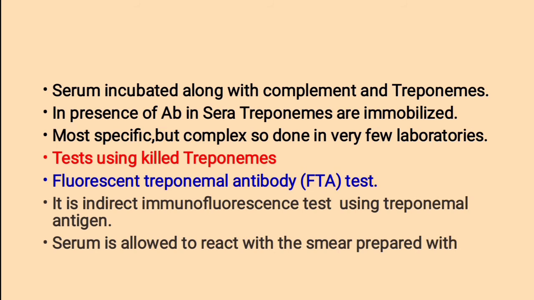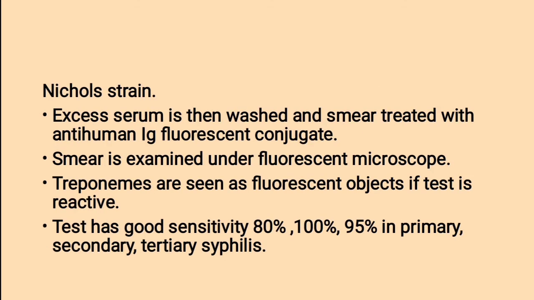What is the procedure? Serum is allowed to react with a smear prepared with Nichols strain. Excess serum is then washed off and the smear is treated with anti-human immunoglobulin fluorescent conjugate, and the smear is examined under a fluorescent microscope. Treponemas are seen as fluorescent objects if the test is reactive.